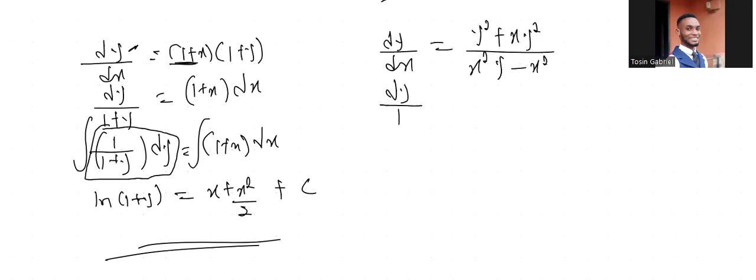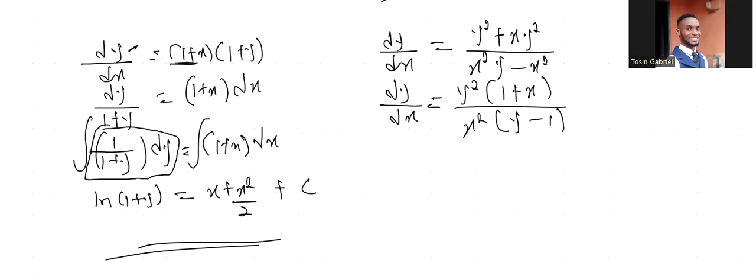You notice that here you can simply factorize. So let's factorize. We're going to have y squared into 1 plus x, close the bracket, over x squared into y minus 1. Can you see now? So here it is easy for you to separate them. In separating them, you can have your dy here, and this y minus 1 is at the denominator here, so you take it to the numerator.